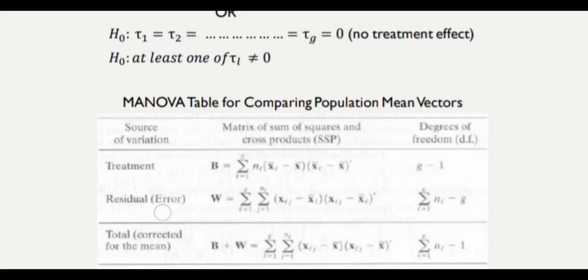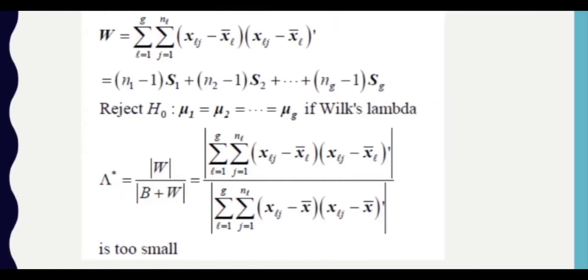Itu untuk B. Okay, untuk W, sama ada you use this formula ataupun you will have another formula. Sekejap lagi I tunjuk. Okay, degree of freedom. If you can see, the degree of freedom is equal like ANOVA table. One way ANOVA table. Okay, let's proceed.